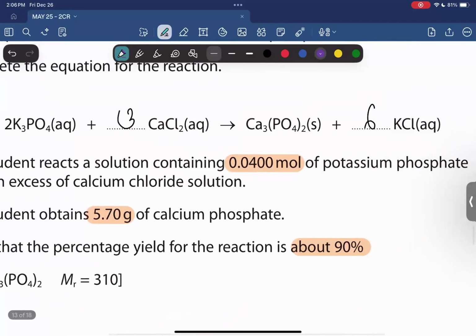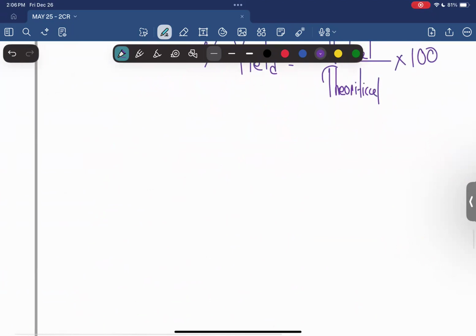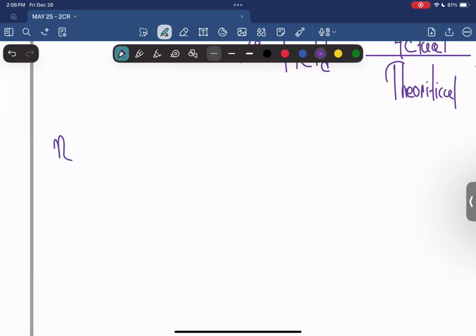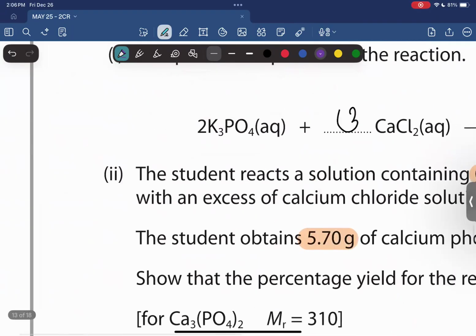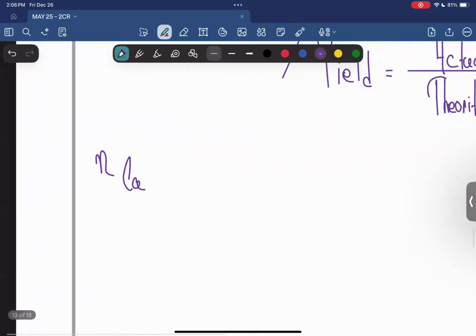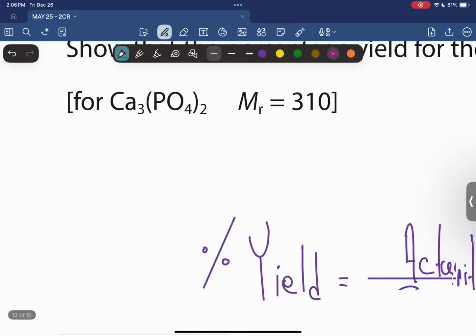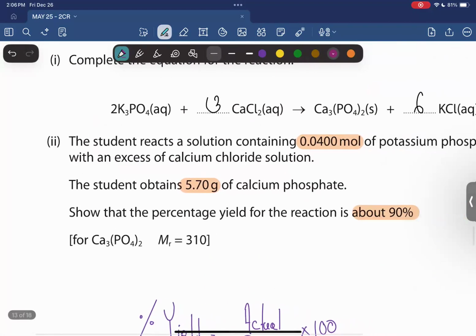The number of moles for calcium phosphate, n of Ca3(PO4)2. So how do you even figure this out, right? So molar ratio concept again. 2 moles reacting with 1 mole.